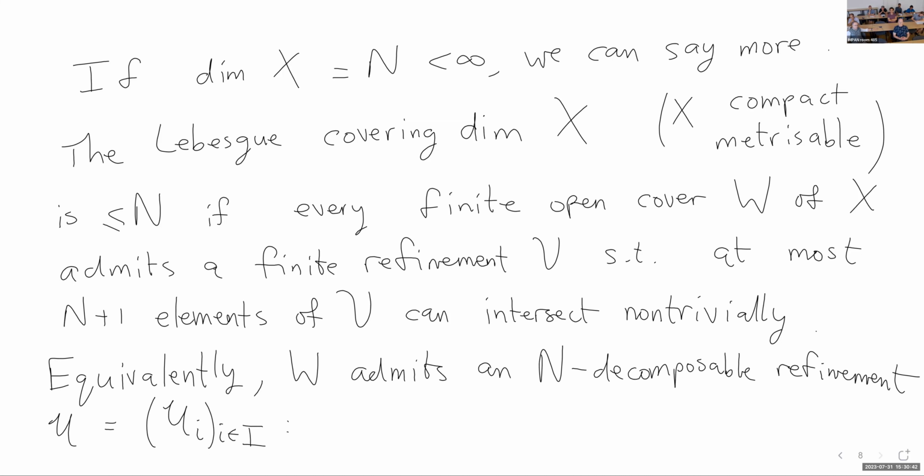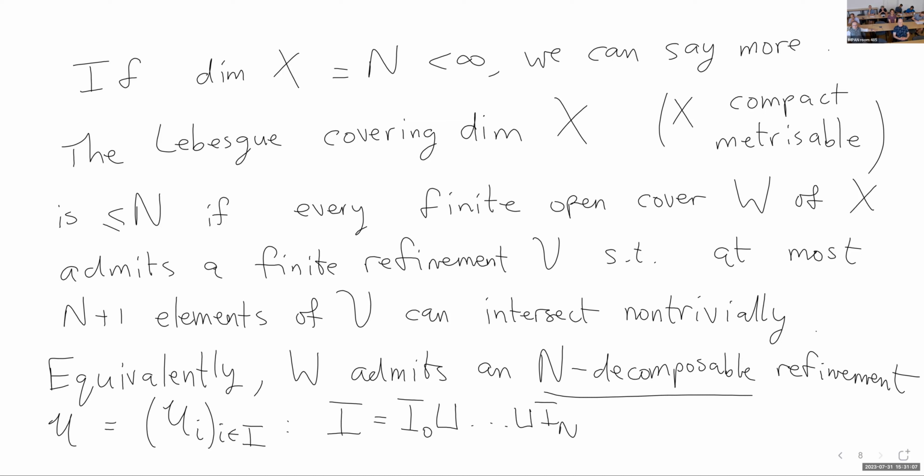Right, so what do I mean by n-decomposable? What I mean is I can decompose the index set into n+1 pieces. So I is the disjoint union of I_0 up to I_n, and all of the open sets corresponding.